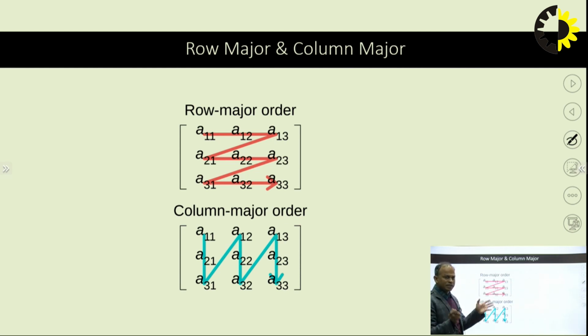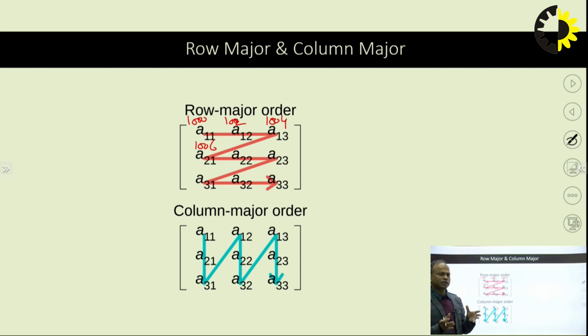In the row measure representation, we are assuming that every location takes 2 bytes of memory. Suppose the first one is taking the 1000 memory location, then the next one takes 1002, and 1004, like that, 1006. So in this way, people are able to represent the row measure representation.